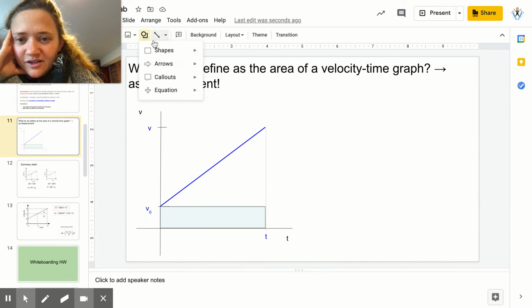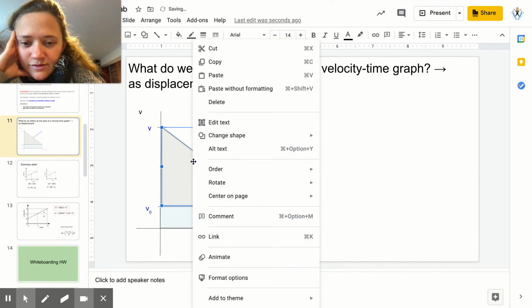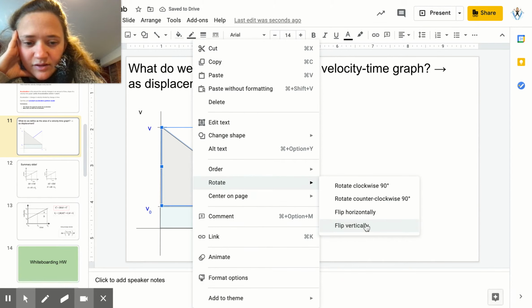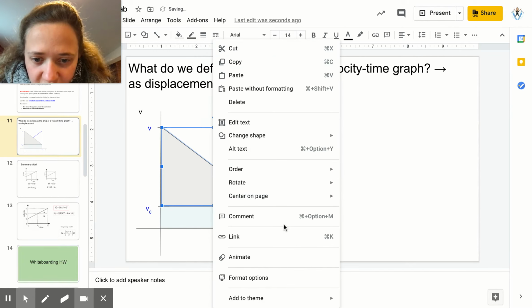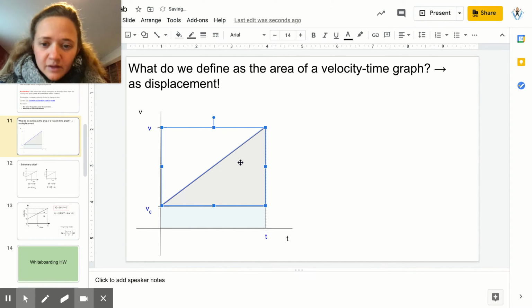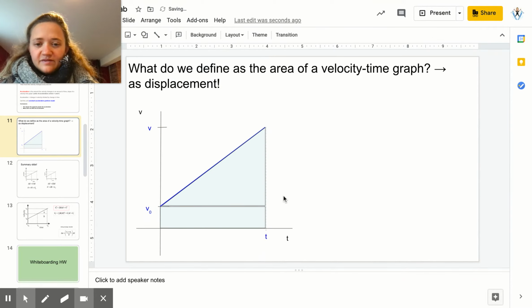And then we also have a triangle, and we've got a triangle.